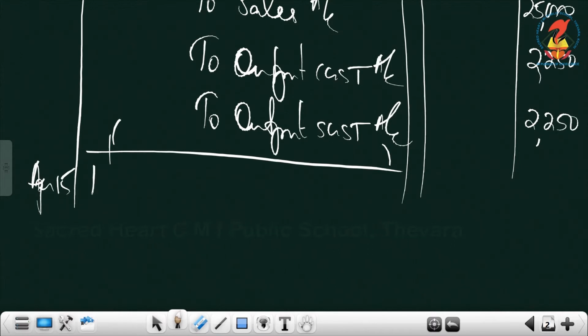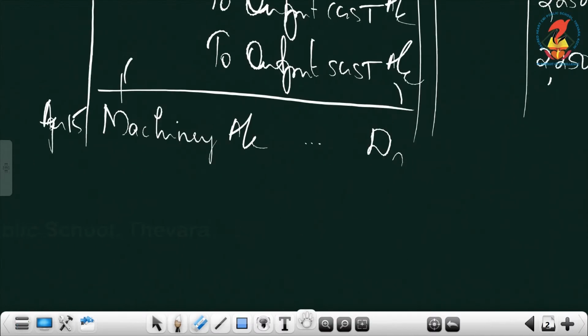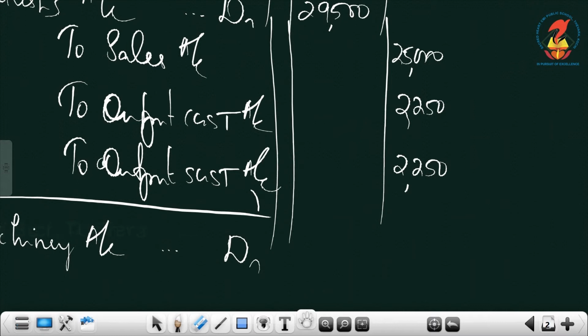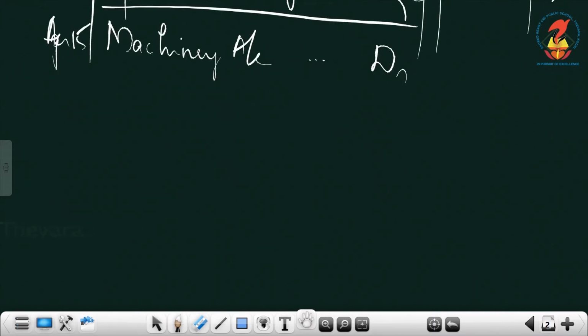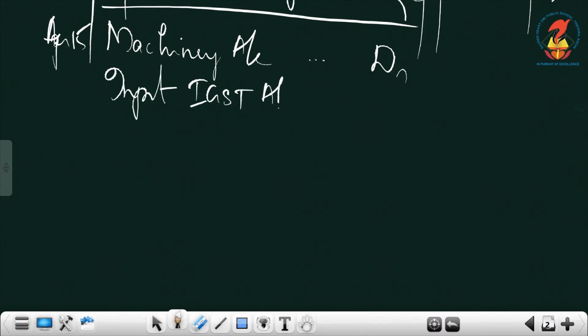April 15th. Machinery account debtor. You have to charge input IGST account because it is Haryana. Then we are paying by check, so you write to bank account.